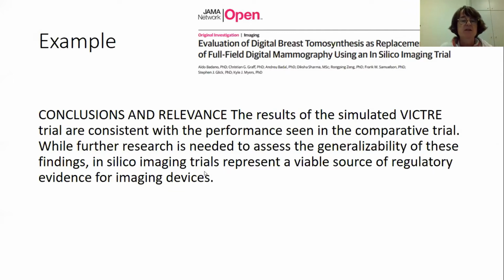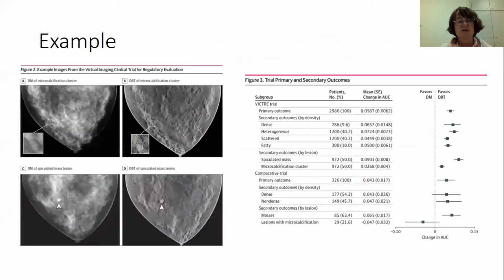But they say that this in silico approach, since it really predicts clinical results, is a viable source of regulatory evidence for imaging devices. So from the FDA, there came an opening towards using these simulated approaches for regulatory parts of an imaging device. And here is more in practice what they had done.